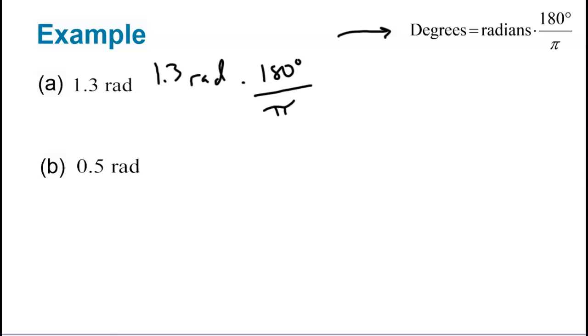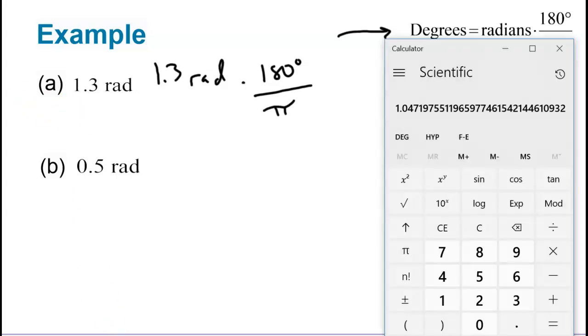And getting our calculator back out again, we have 1.3 times 180 equals 234 divided by pi. And that equals about 74.5 degrees.